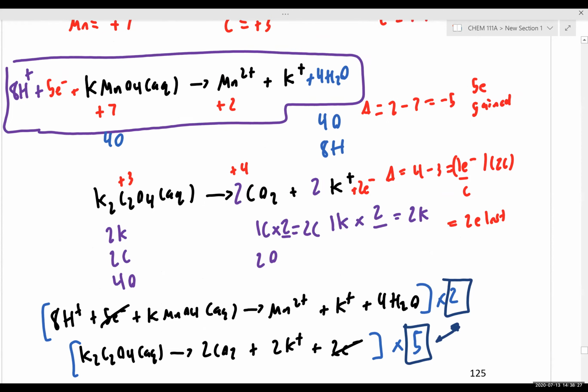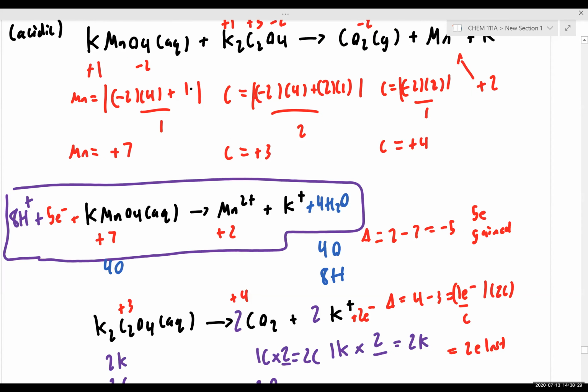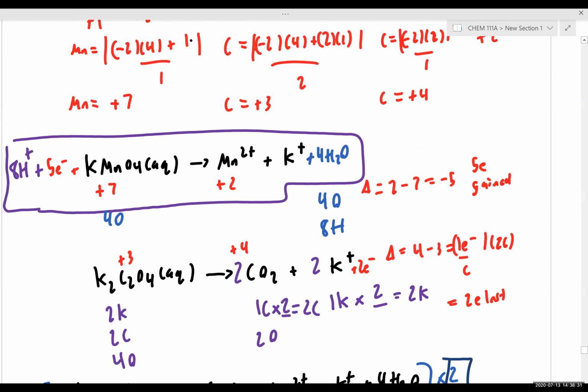To answer the question in the chat, the first question was, for the first half reaction, why do you use manganese 2+ for the charge and not potassium plus? So remember that when we're counting electrons gained and lost, we're looking at changes in oxidation number, changes in theoretical charge.